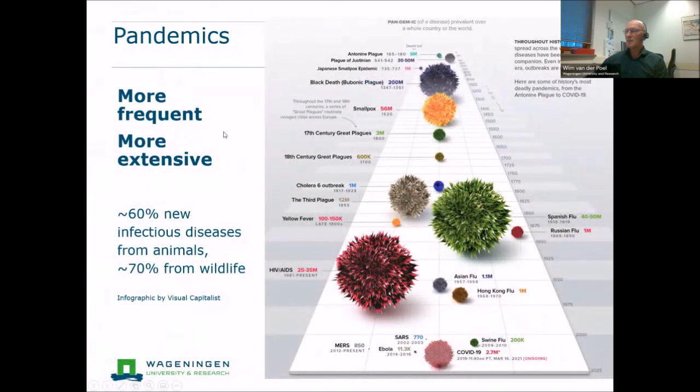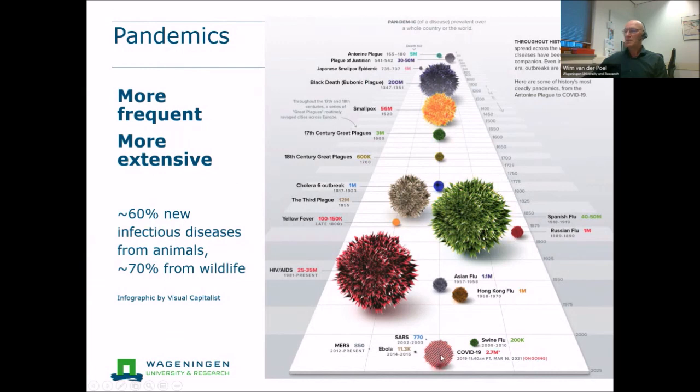Pandemics are not new, but we seem to have them more frequent and they seem to become more extensive. So there is more and more reason to be better prepared for new pandemics. In this picture, you can see the Spanish flu, the HIV pandemic, and now also the COVID-19 pandemic.